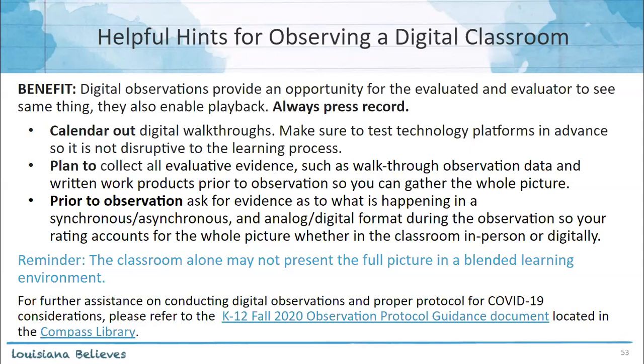A reminder, the classroom alone may not present the full picture in a blended learning environment. For further assistance on conducting digital observations and proper protocol for COVID-19 considerations, please refer to the K-12 Fall 2020 Observation Protocol Guidance document, also located in the Compass Library.